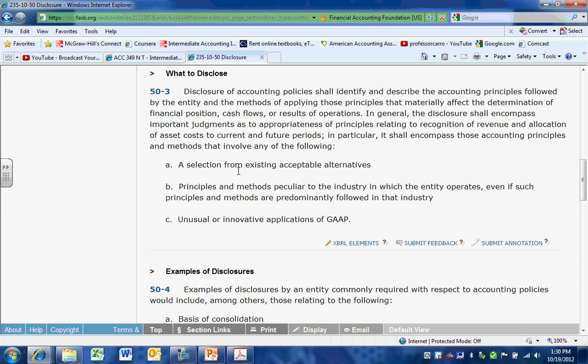Again, we disclose which method among the acceptable alternatives we have chosen, if there are particular methods that relate to a specific industry, or if we have any unusual or deviations of GAAP that are actually a benefit to the user, what's known as an innovative application of GAAP, we will disclose them.